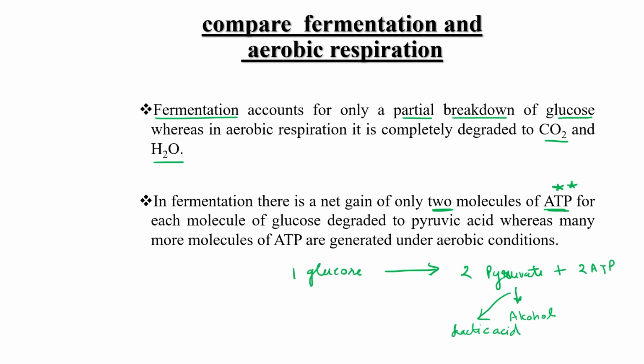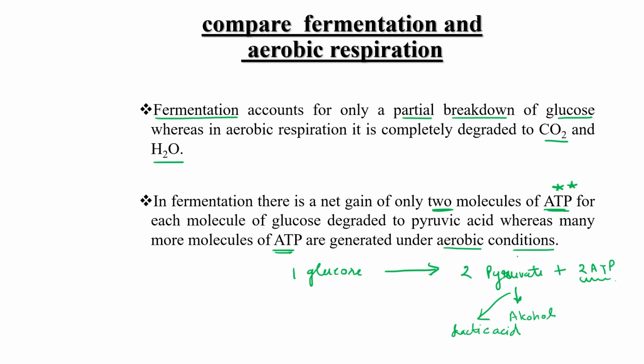There are 6 bonds in a glucose molecule, and only one bond is broken down. So very little energy is released, meaning only 2 molecules of ATP are generated. Then this glucose is degraded into pyruvic acid, whereas many more molecules of ATP are generated under aerobic conditions. Why? Because all the bonds present in the glucose molecule are broken down.